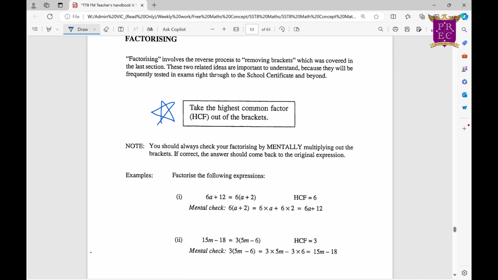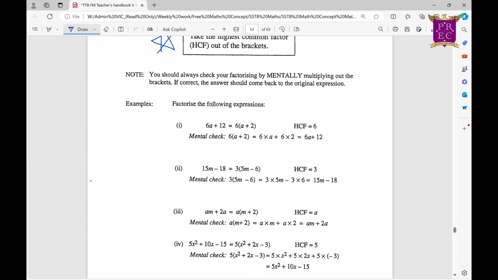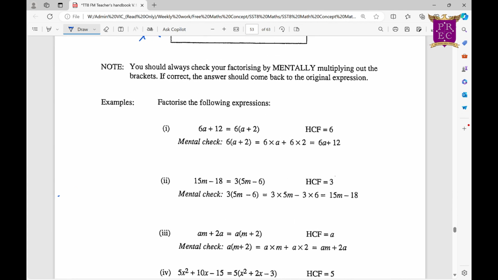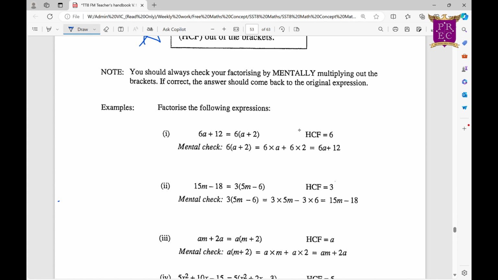And what they mean by that is, let's say in this example, it gives you 6a plus 12. So if I put brackets around that, you want to take the highest common factor from 6a and 12 out of the brackets. If you just take one quick glance, you'll know that for 6a plus 12, the highest common factor would be 6.